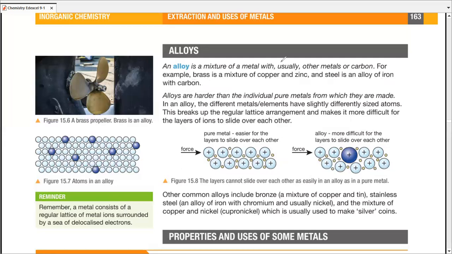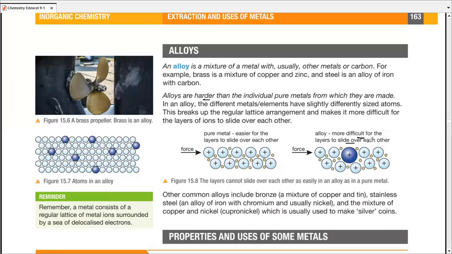I tell my students that alloys become hard by compromising their properties. Of course, if they're going to be hard and they won't easily slide over one another, that means their malleability or their ductility has been compromised slightly. Remember, you can give them a new property such as more hardness by compromising a previous property.